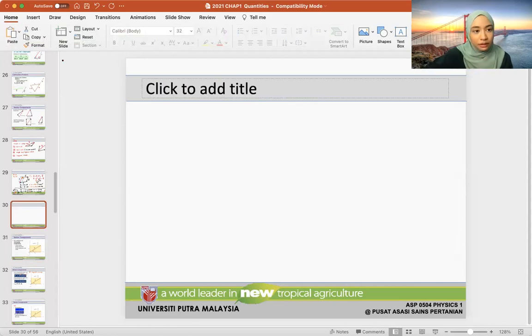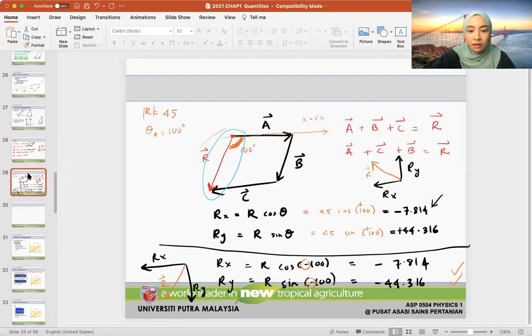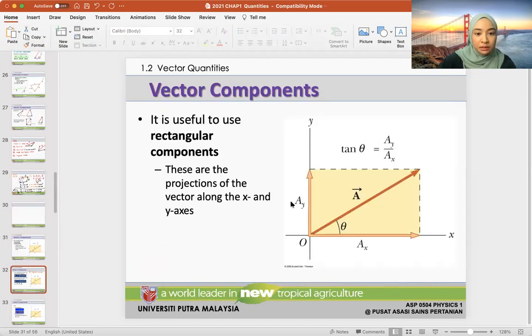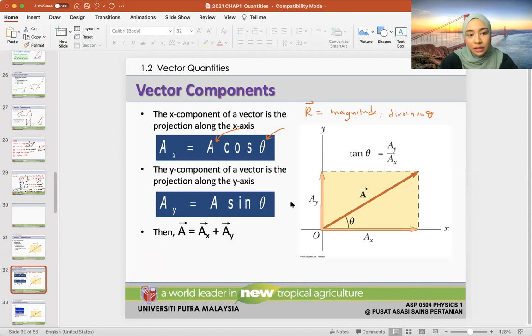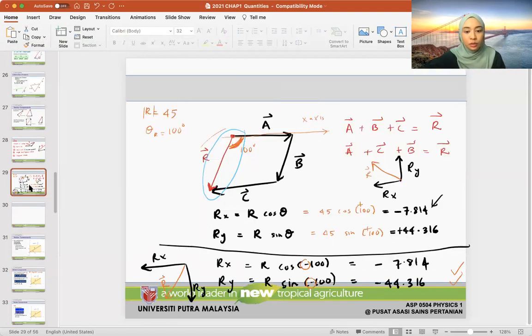Okay. All right. So let's do another example. I gave you what just happened just now. Some of you may be wondering, why is the doctor doing another example? What happened is I added a bunch of vectors A, B, C, and I got the resultant, right? And I wanted to know the X and Y components of my vector R. So I tried using the equation that the book gave me: for the X component, A cosine theta; for the Y component, A sine theta. We did this in two approaches.